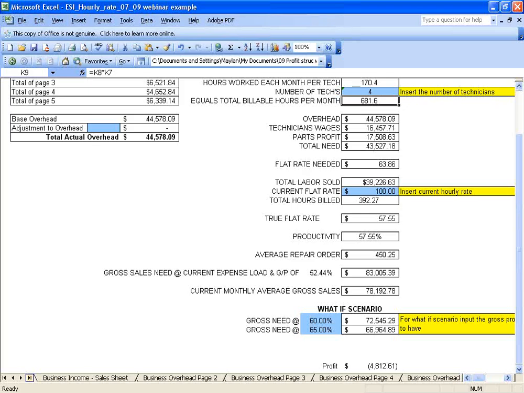John asked, is that labor loaded or unloaded? I look at it as unloaded. The reason I do that is because it's very hard sometimes to break down each individual loaded cost. So I like to just build the loaded expenses, and if you don't understand what loaded and unloaded employees mean, it's not what you think, not from the 60s or 70s.